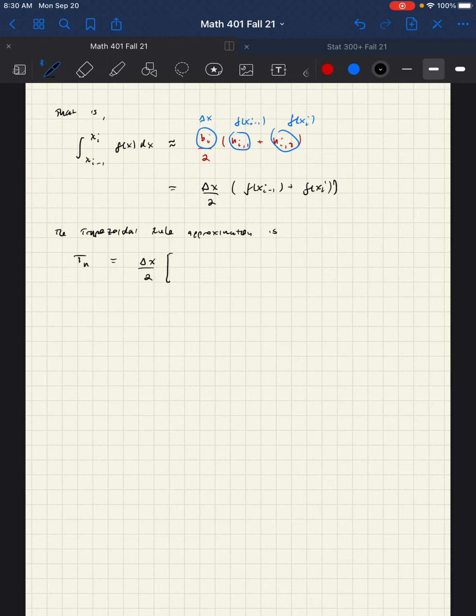So this actually is delta x over 2 times f of a plus 2 times the sum from i equals 1 to n minus 1 of f of x sub i plus f of b.